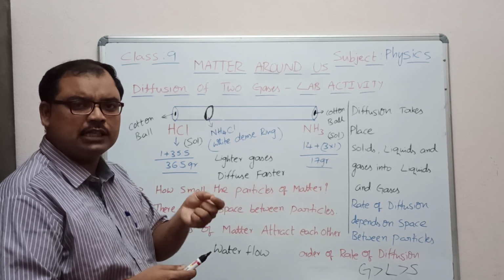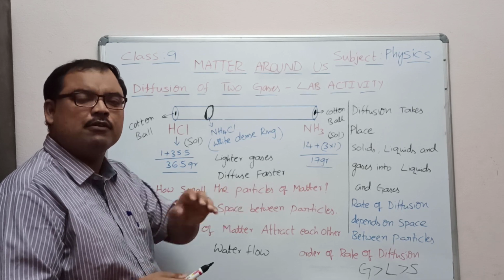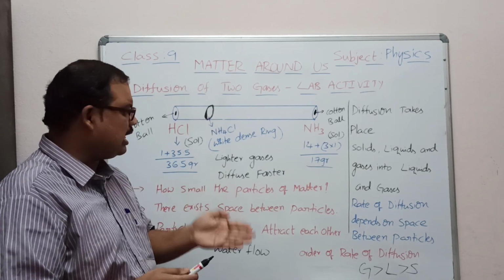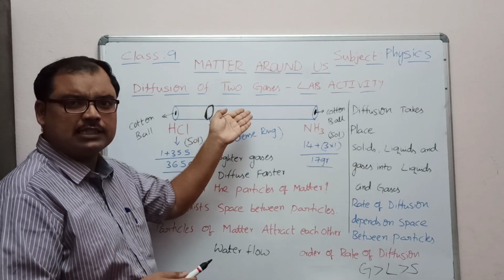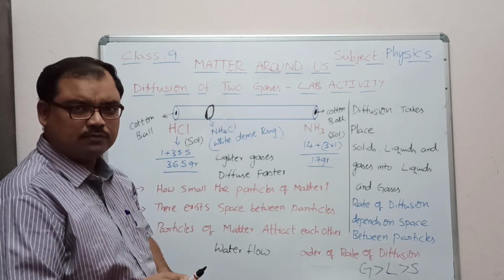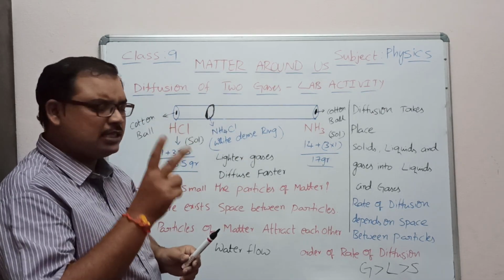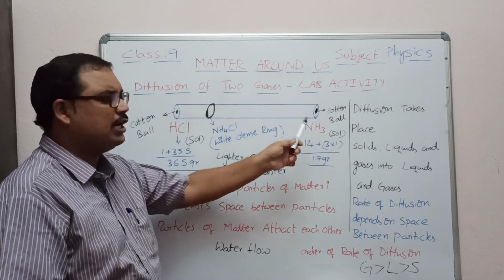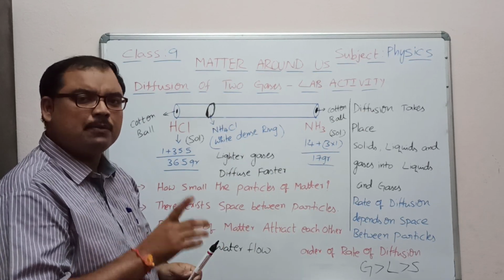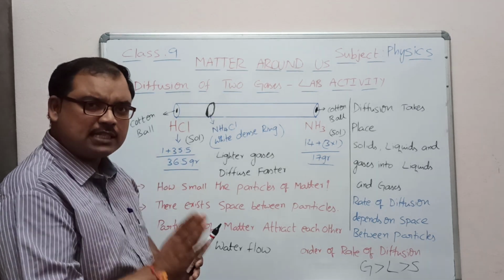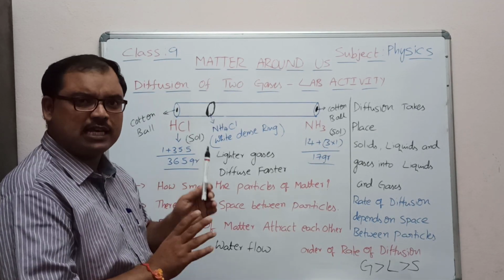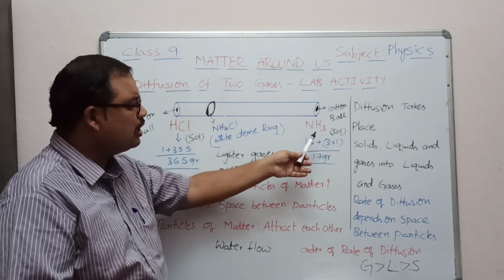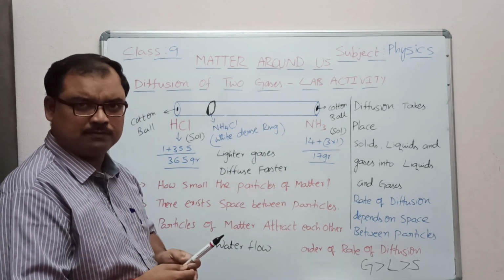Whenever we are going to drink something or eat something in a plate, first we clean up all the things. In the same way, we remove all the gases from this glass tube. Then we take two chemicals: hydrochloric acid HCl and ammonia NH3. One important thing is that basically HCl is a gas and ammonia is also a gas.